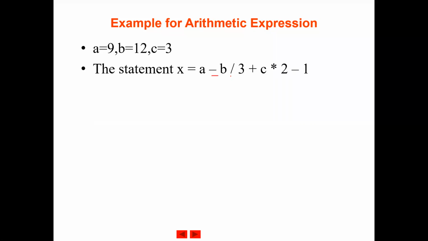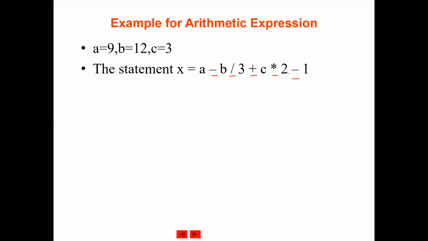Minus sign and division, then addition, multiplication and minus. Each of these arithmetic operators is a binary operator, and it always makes use of two operands, right? Each one will make use of two operands.